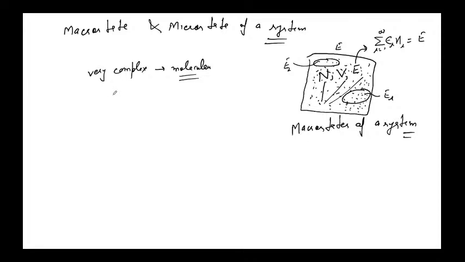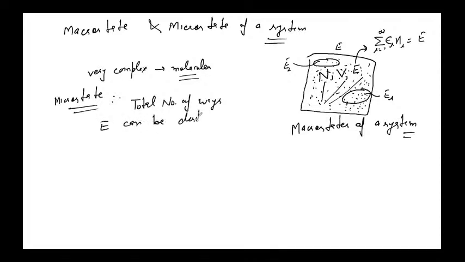So in statistical mechanics, we generally define a term known as the microstate, which represents the total number of ways this energy E can be distributed over these N particles.